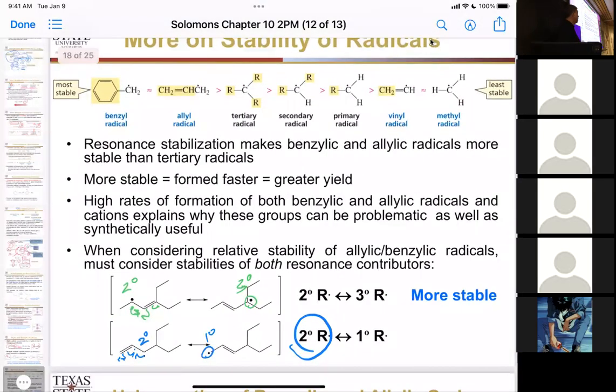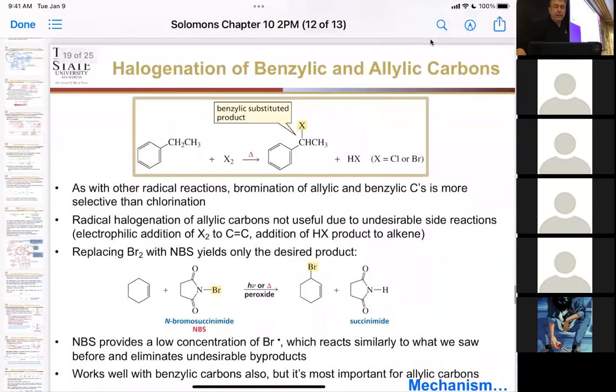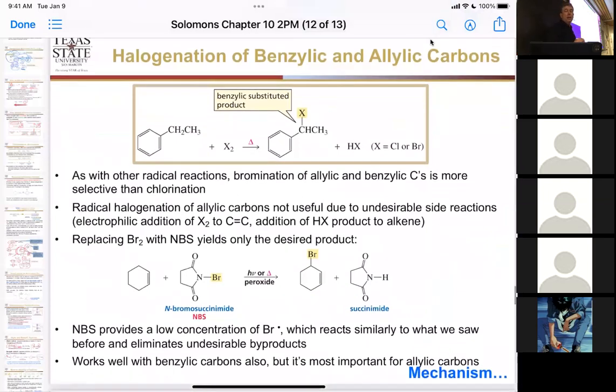Okay. Well, the cool thing about this is it gives us an opportunity to do selective reactions, regioselective reactions. And one of those regioselective reactions we have is the halogenation of the benzylic site or allylic site with just having bromine there. Okay. Now, what's the problem with just having bromine in your system and having an allylic or a benzylic cation?